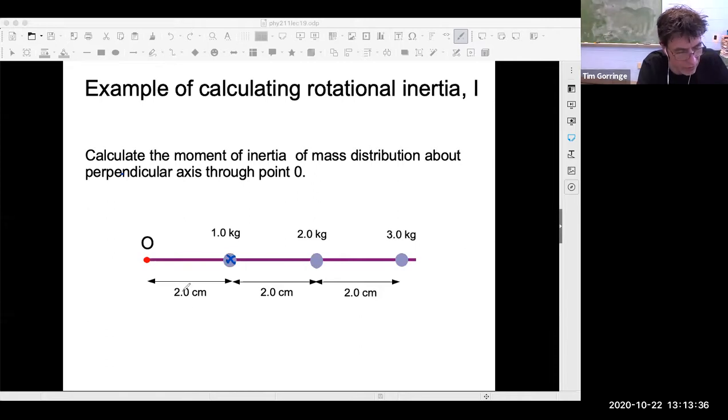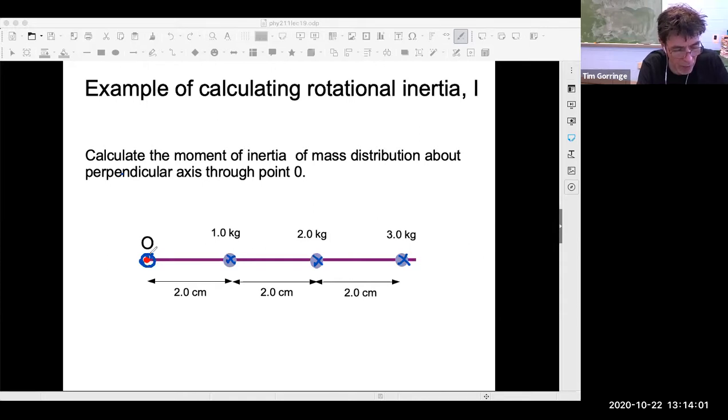And it's 2 centimeters from this axis of rotation. There's a second mass here, 2 kilograms. It's 4 centimeters total from the axis of rotation. And then there's a third mass here. I'm sure I'll be calling that M3. It's 6 centimeters in total from the axis of rotation.